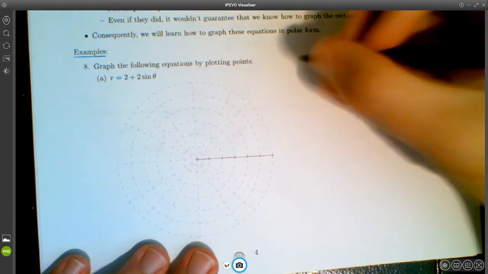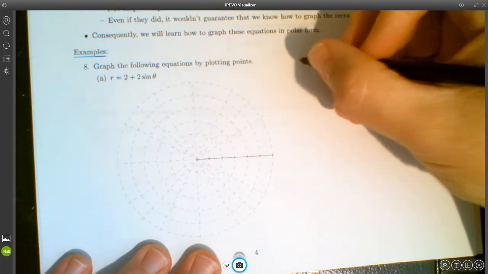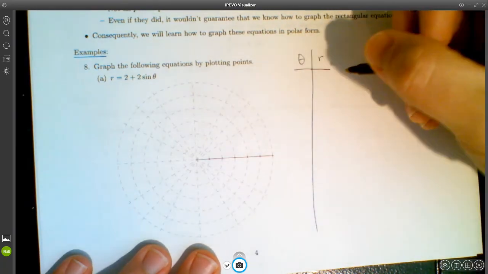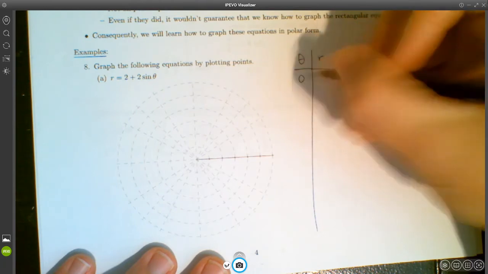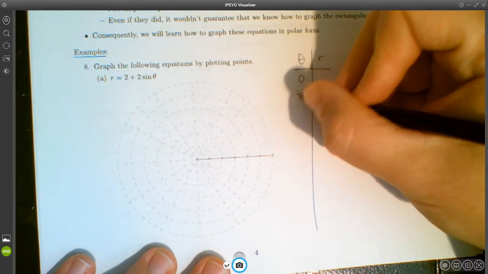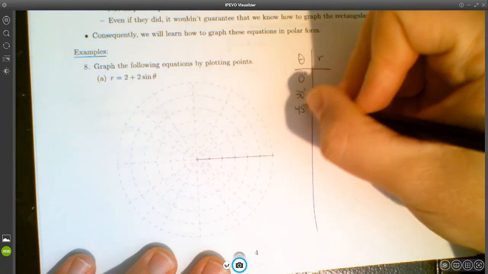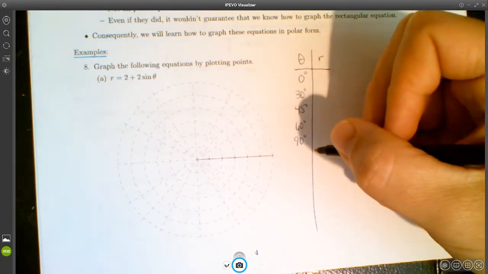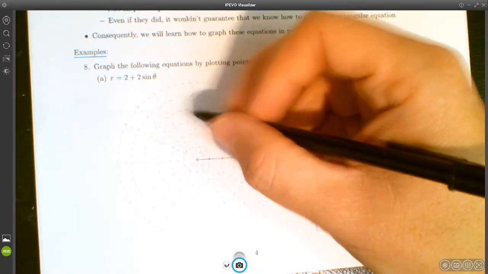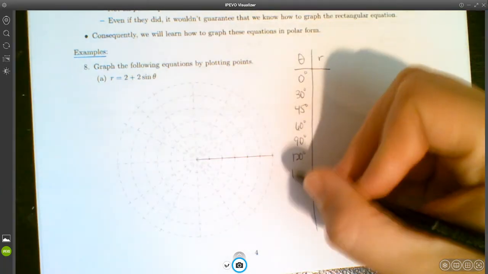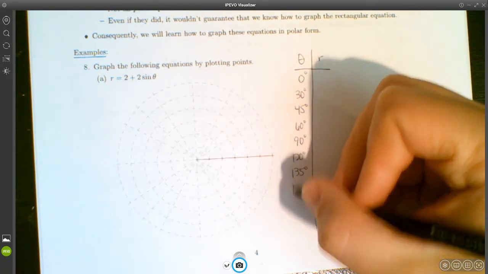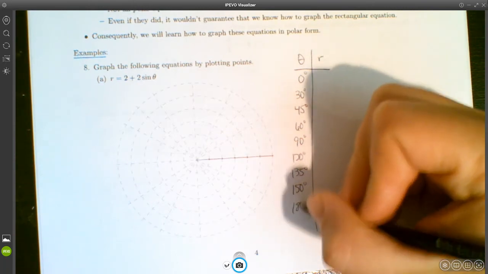So I'm going to plug in some things for theta and then see what I get for r. So for theta I could plug in 0, 30 degrees, 45 degrees, 60 degrees, 90 degrees, and I could continue to do that all the way around. So 120, 135, 150, 180.